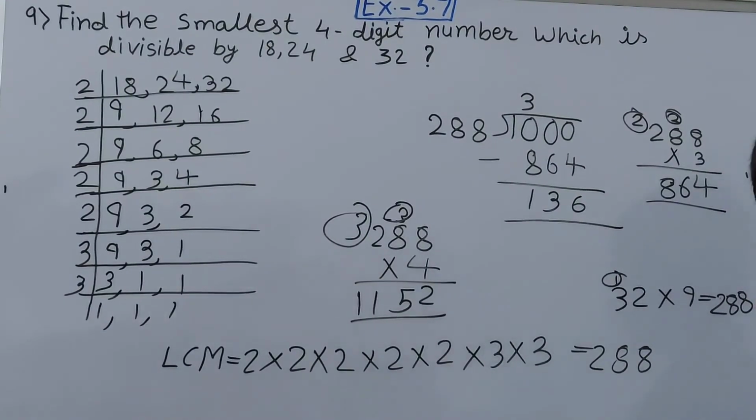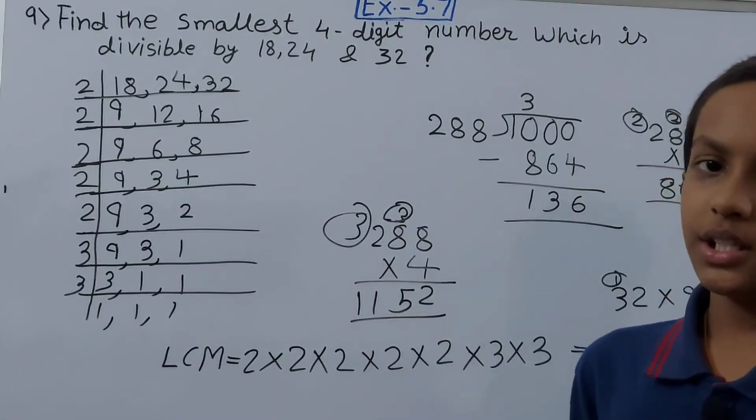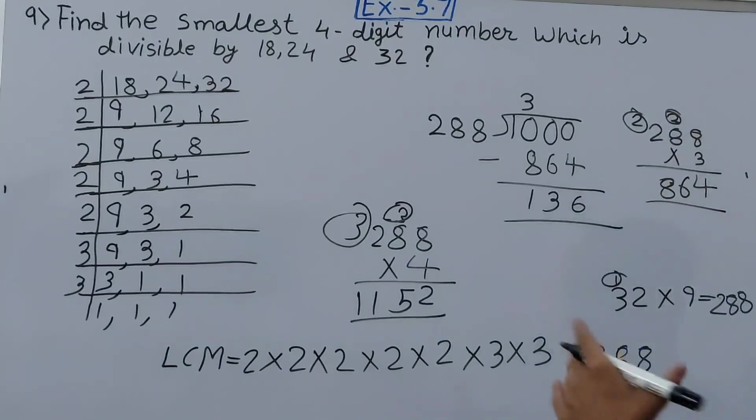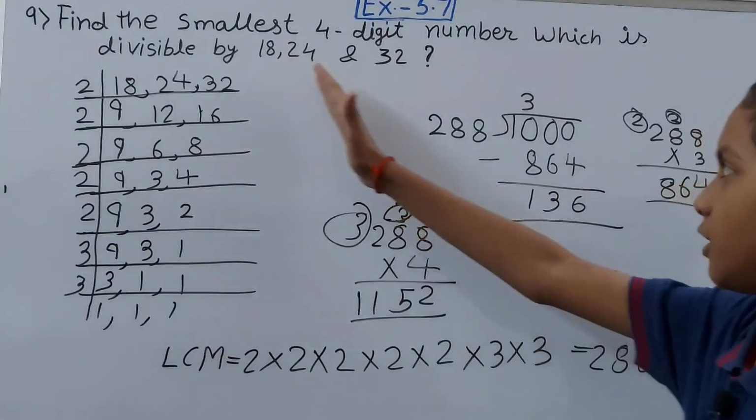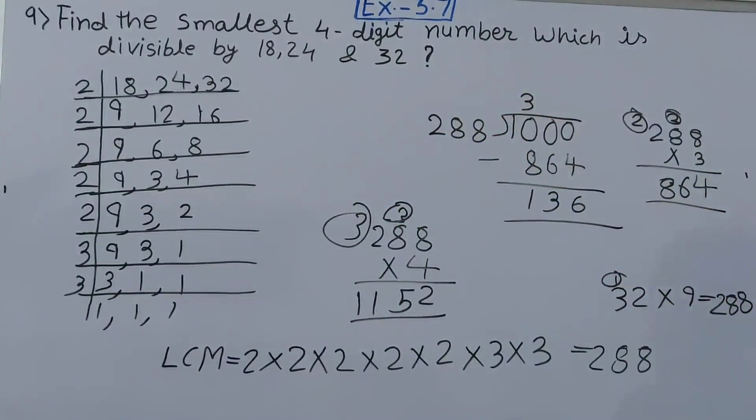1152, and 1152 is what? Yes, it is a 4-digit number and it is also divisible by 288. That means it will also be divisible by 18, 24 and 32. So friends, we have got this 1152 and it is also the first 4-digit multiple of 288.